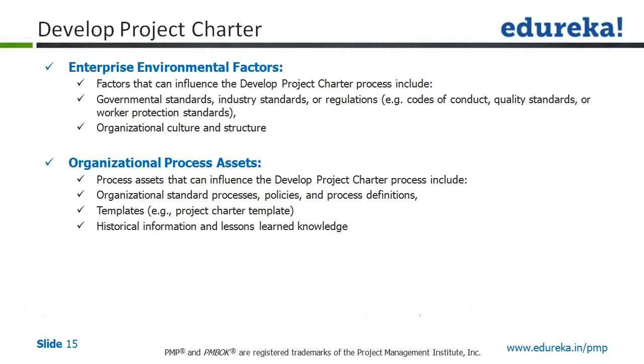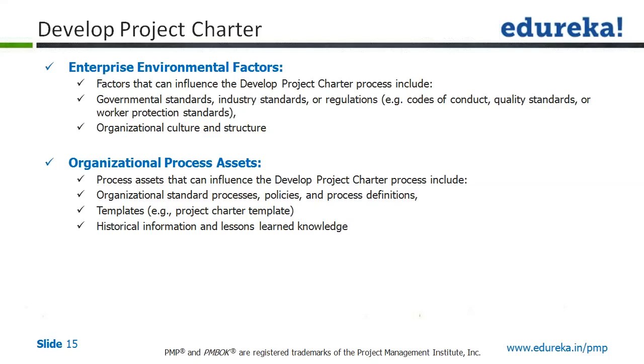And the second one is the organizational process assets. You have already read the definition of organizational process assets in the previous modules. This means the processes an organization follows: the rules, the policies, the guidelines, the authority, and various templates an organization expects you to use.